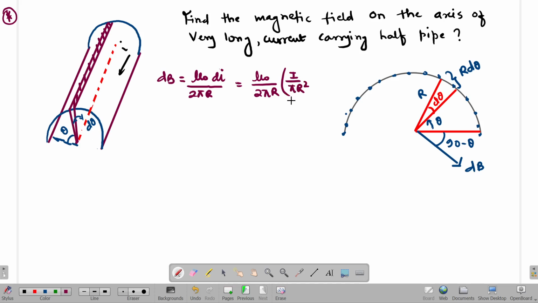Pi r square by 2, I think so. So it is 2I by pi r square, isn't it? Correct now? I'm thinking correct now. And into r d theta.